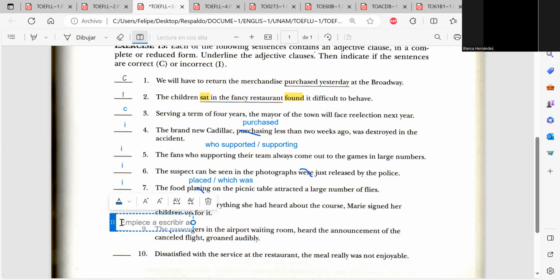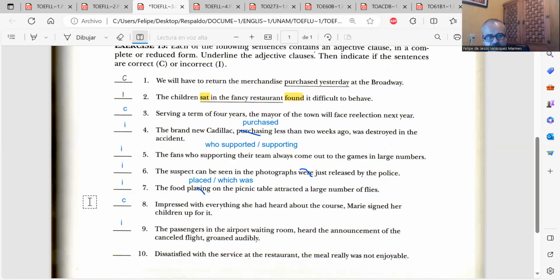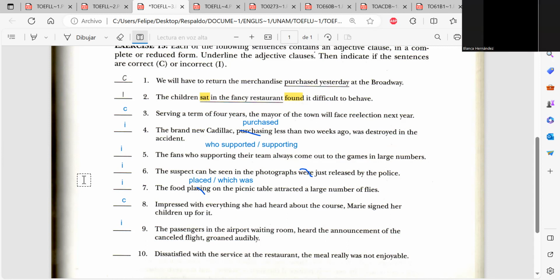It's incorrect. Let's focus on the action groaned. Yes, we have 3 verbs. So 3 verbs minus 1, you need 2 linkers.